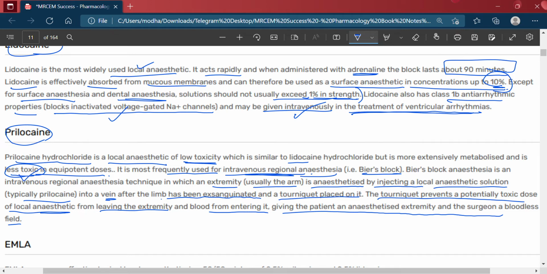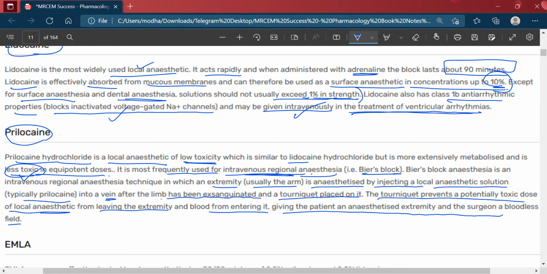It is most frequently used for intravenous regional anesthesia, like in Bier's block, a technique in which an extremity is anesthetized by injecting a local anesthetic solution into the vein after the limb has been exsanguinated and a tourniquet placed on it. The tourniquet prevents a potentially toxic dose of local anesthetic from leaving the extremity and blood from entering it.